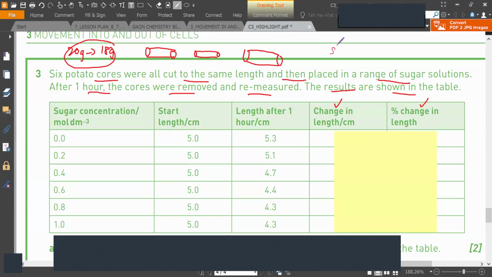If we get shorter, our change will be negative. If we get longer, it will be positive. The percentage also: if it gets shorter, it will be negative; if longer, positive. Once you are ready, we can check the answers.